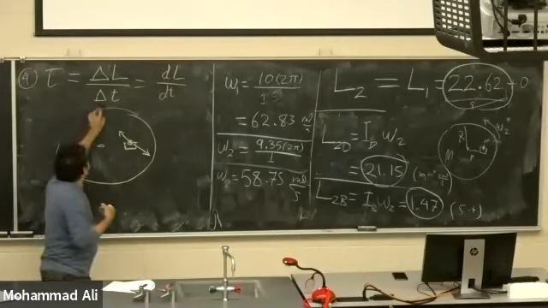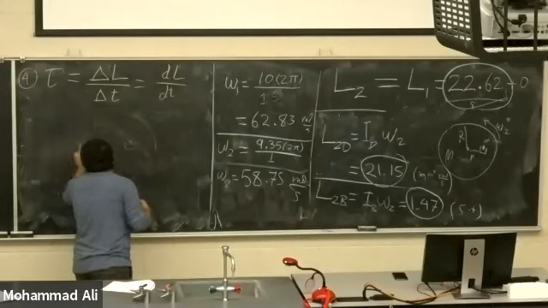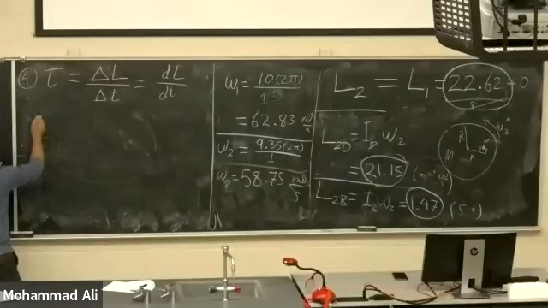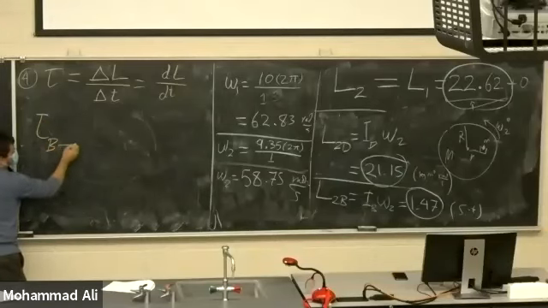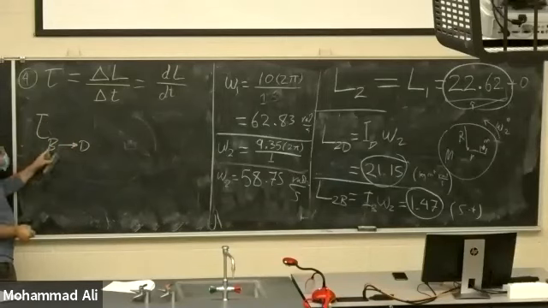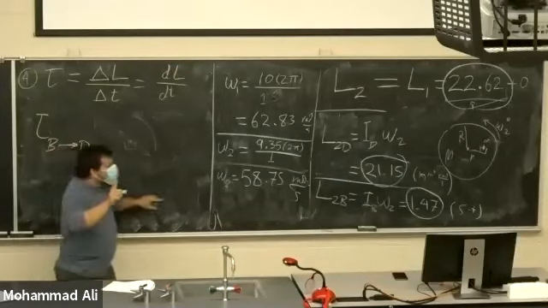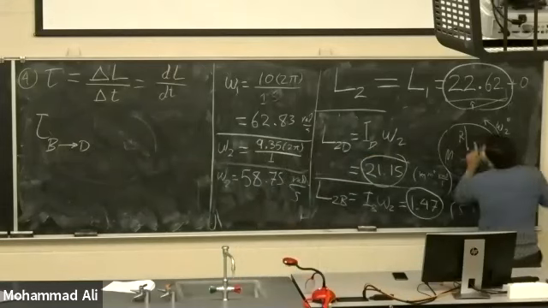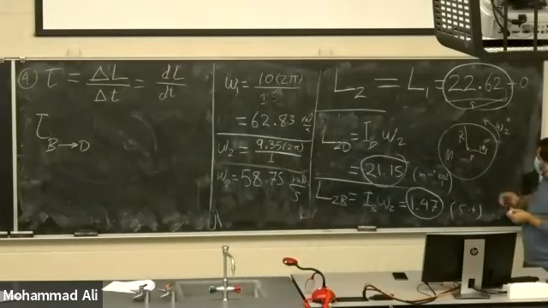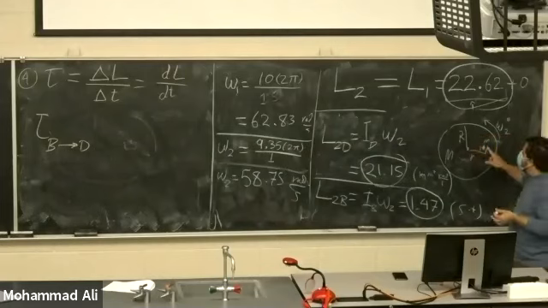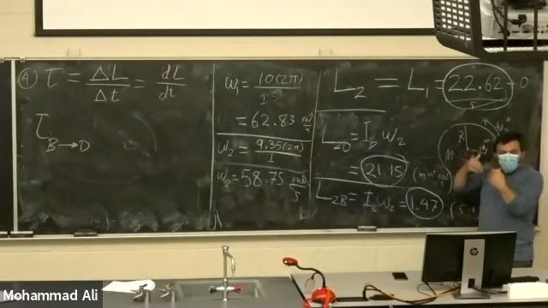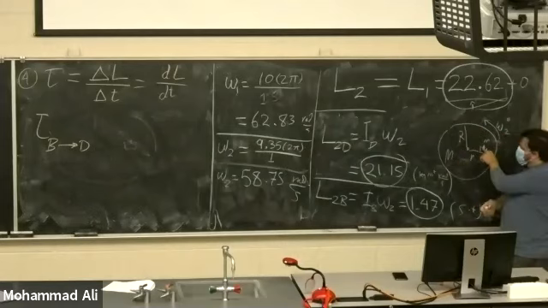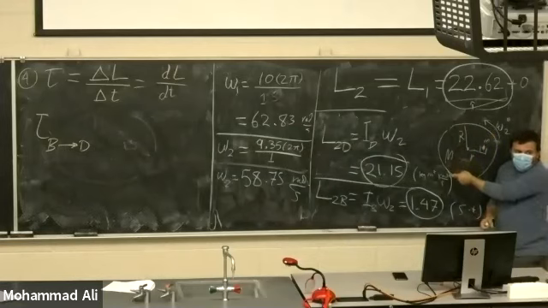What I needed is the torque acting from the ball on the disc. When the ball comes here, it will change the momentum of the disc. It will not affect the ball itself. It will affect the other object.